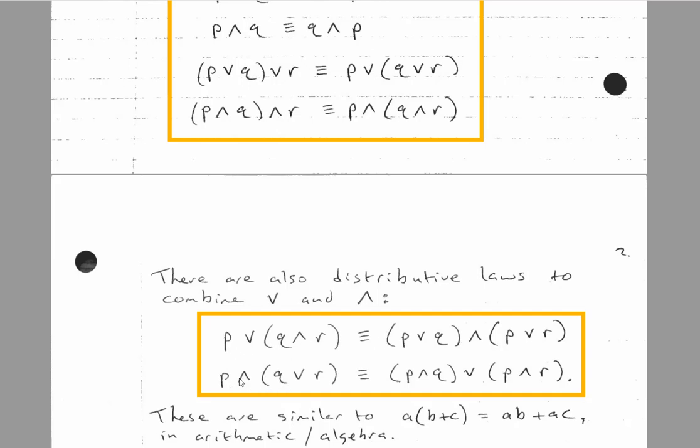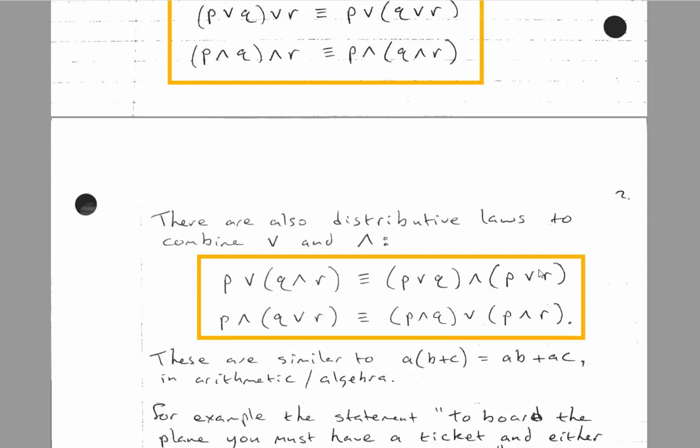Alright, and it's the same with and. So P and Q or R is equivalent to P and Q or P and R. So yes, you should be thinking of distribution of multiplication over addition.